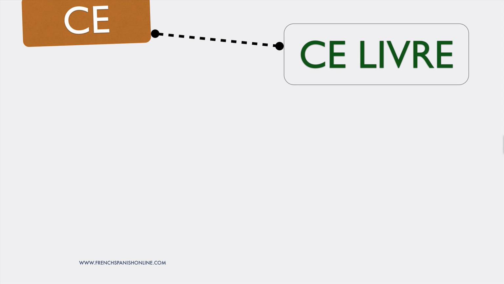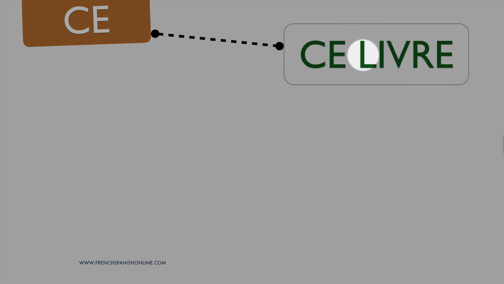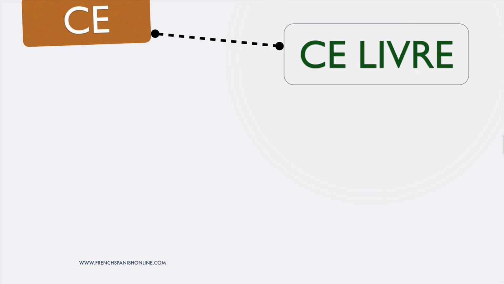Let's start with ce. We use ce before a masculine word starting with a consonant. For example, livre, book, starts with a consonant, L. It is masculine in French, so if you want to say this book or that book, in French you will say ce livre.